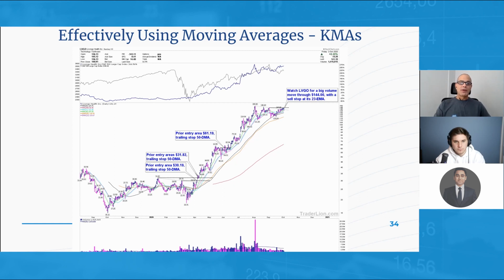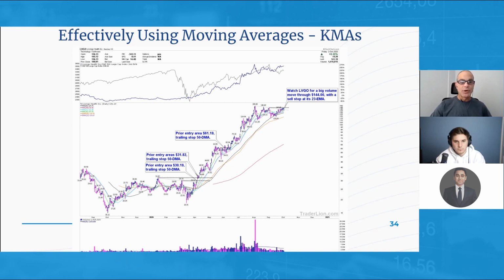Along with that comes institutional support at logical areas when these stocks are in correction mode, and hence why you'll start to see, not all stocks respect the same moving averages, but ultimately after they break out and as they make progress along the way, consolidating, you will see many of these higher quality liquid institutional names give respect to particular moving averages.